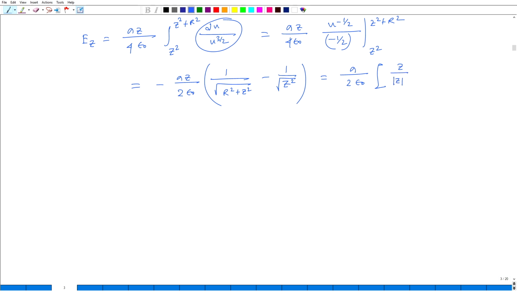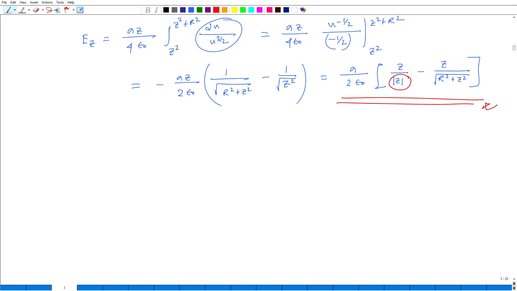Whenever taking a square root of z square, it becomes plus z or minus z, okay. So, in principle this is mod z over z, and minus z over the square root of r square plus z square. So, remember this mod sign is important, okay.